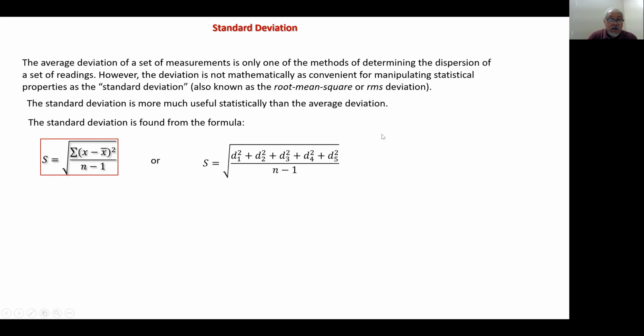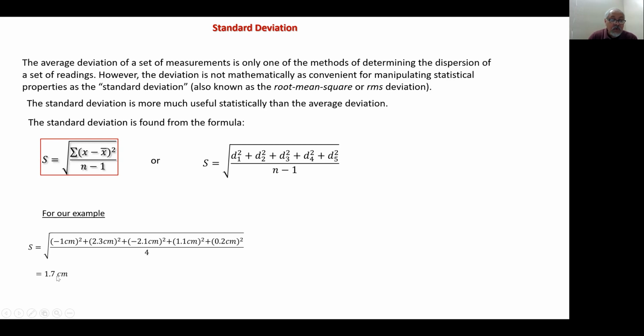For our example, remember the average deviation that we found before was 1.3 centimeters. Now the standard deviation is 1.7 centimeters.